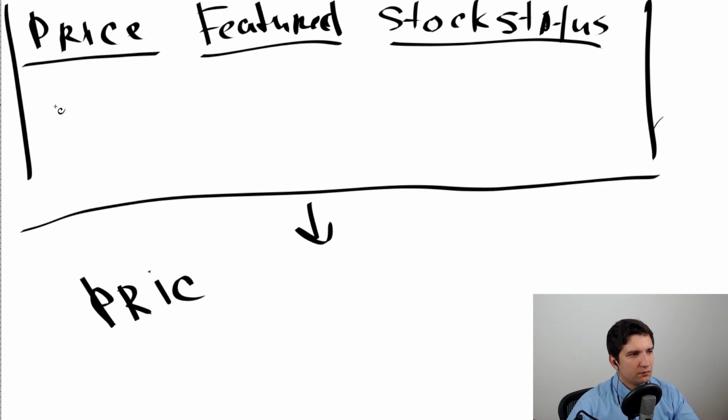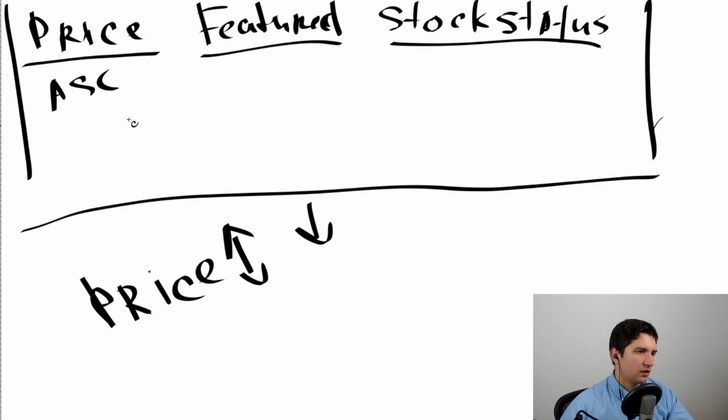But let's say it's going to first of all order products by price, let's say ascending, and you can change the direction here, right? You can say that it's ascending or descending, so it can be both of these directions in the system.